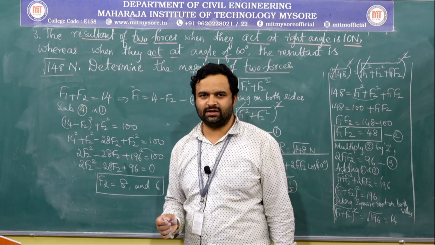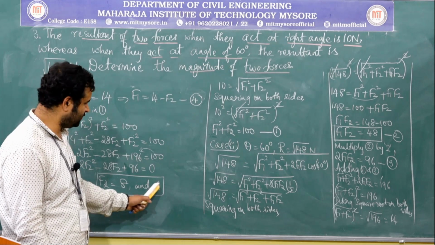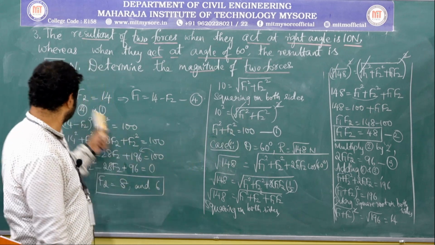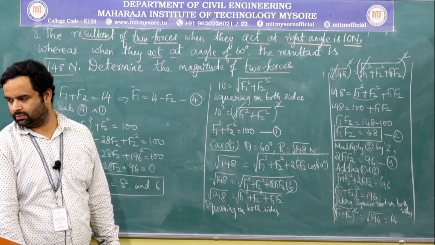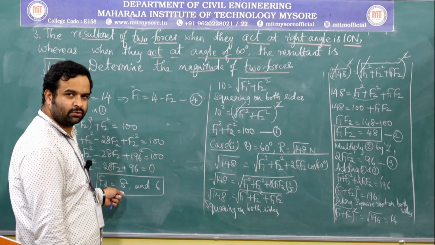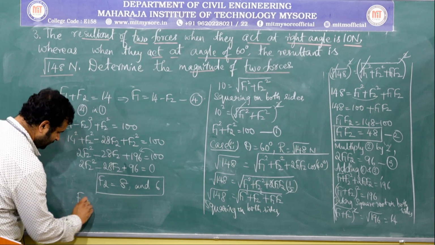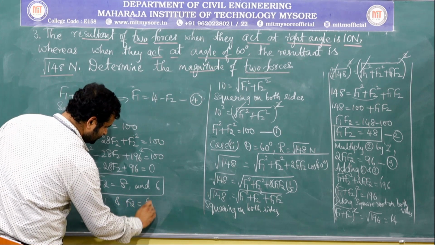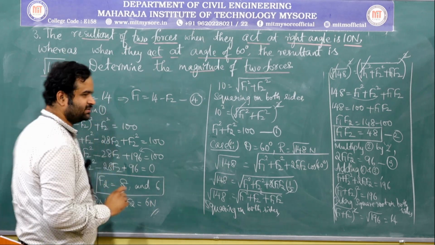Therefore, we can easily write that the force F1, the first force, will be 8 Newton and the second force will be 6 Newton, so that the summation of the forces F1 plus F2 will be equal to 14. Okay. So after you get the roots of F2 as 8 and 6, we can write F1 is equal to 8 Newton and F2 is equal to 6 Newton. If you add F1 and F2, you are going to get 14.